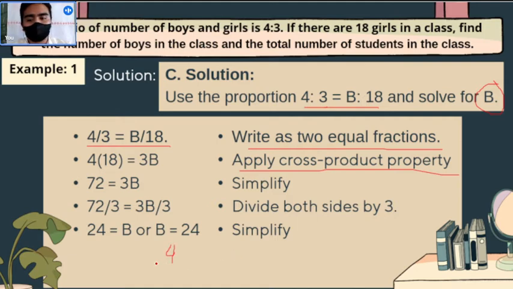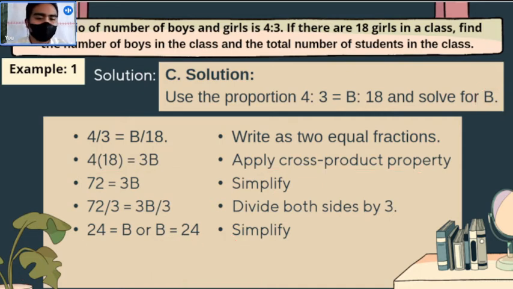Isn't it that it's 4 over 3 is equal to B over 18. So if you're going to cross product, 4 multiplied by 18, 3 multiplied by B. Okay? Now, once we have that one, we could now multiply 4 times 18. 4 times 18 is what? 4 times 18 is 72. Okay? Now, we have 3B.